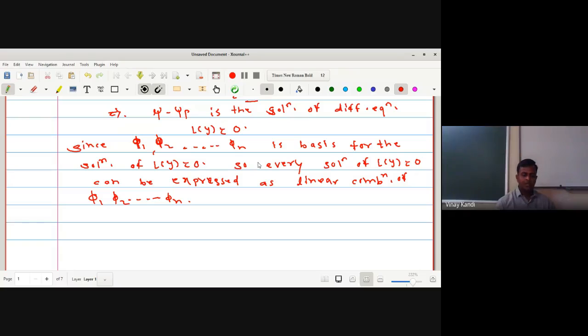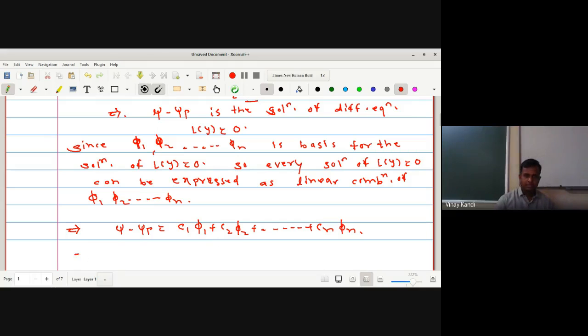Now psi minus psi p is a solution of L of y is equal to 0, so we can write psi minus psi p is equal to a linear combination of all these basis elements, c1 phi 1 plus c2 phi 2 up to cn phi n, where all the ci's are constants.